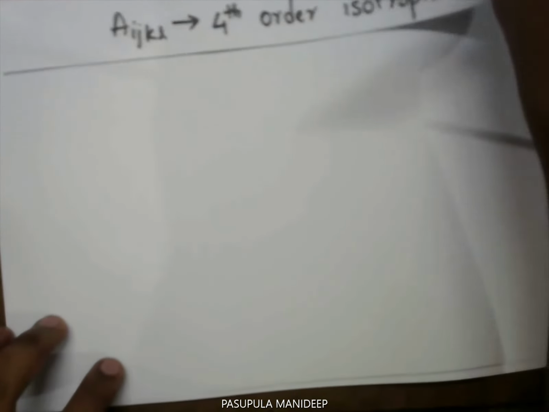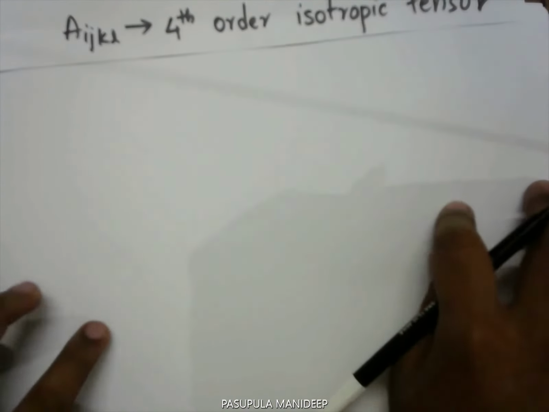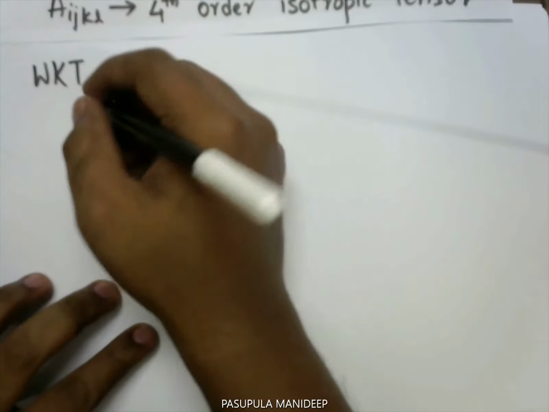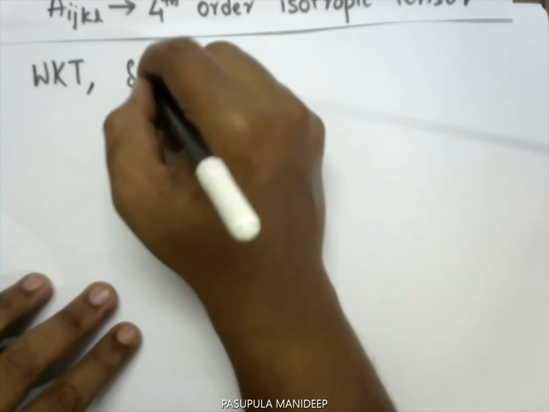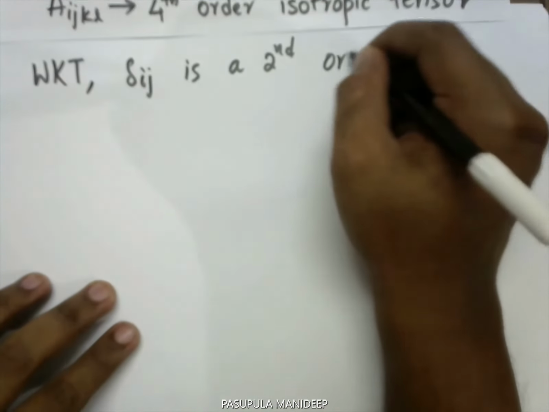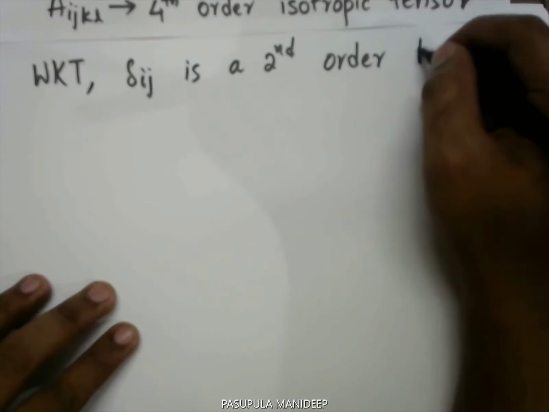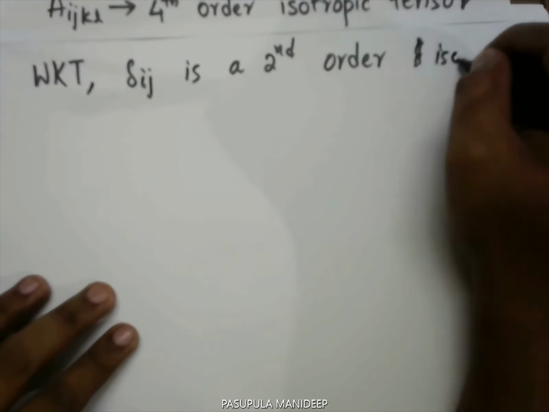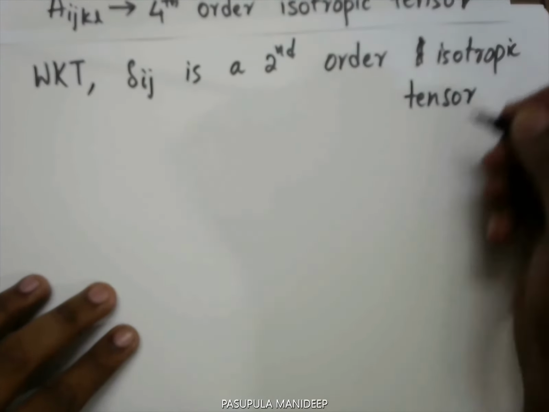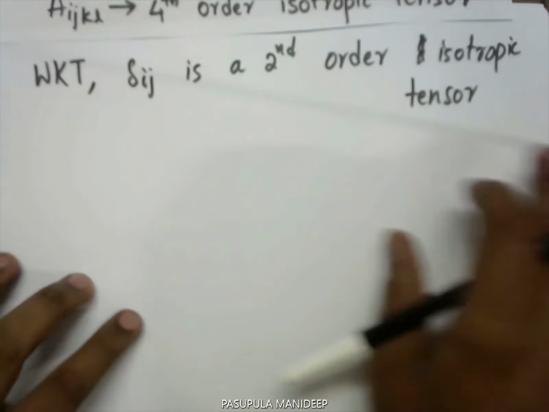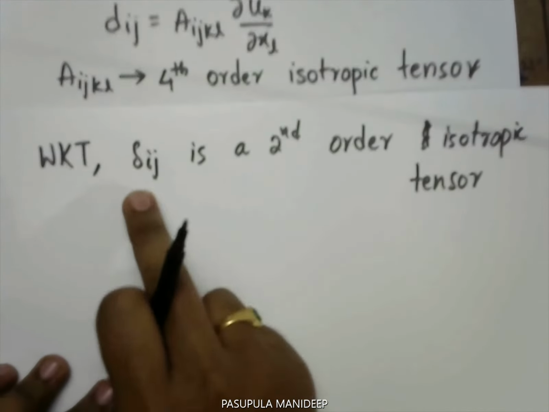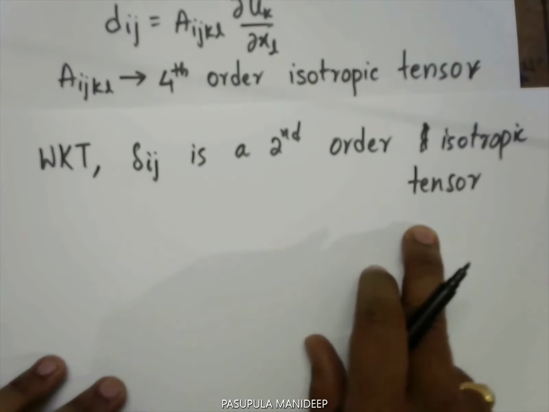Now we know that delta_ij is a second order isotropic tensor, so we can write A_ijkl as a product of two second order isotropic tensors.